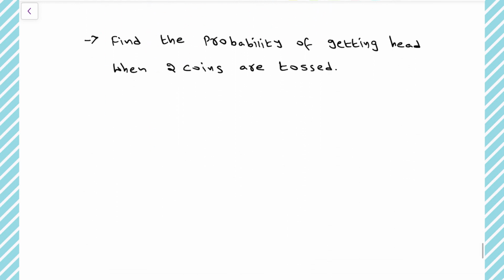Next one, find the probability of getting head when two coins are tossed. When two coins are tossed, first of all, what is the sample space, or what are the possibilities? Tail tail, tail head, head tail, head head. Then he is asking to find the probability of getting head. Here we are getting head, here also we are getting head, and here also we are getting head.